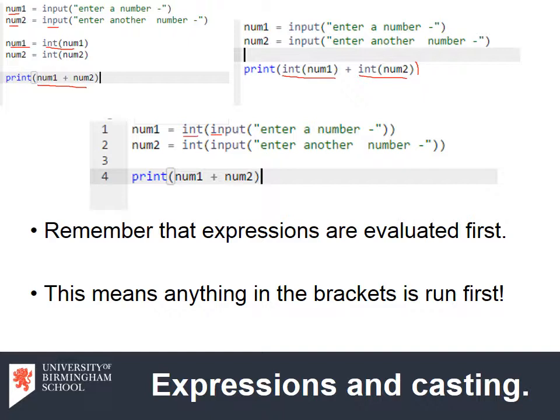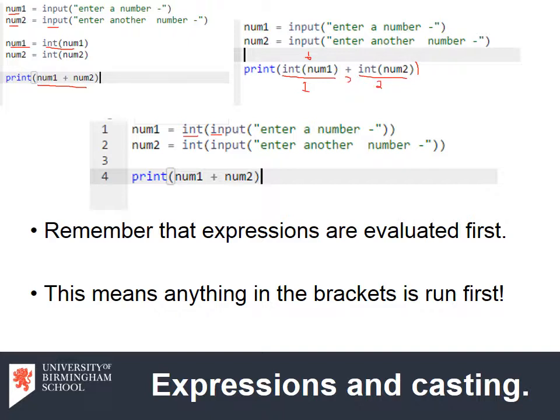Now, just a little thing about these. When we are dealing with expressions, it always does the things inside the brackets first. So in this case, it's going to do this first. It's going to convert number one into an integer, and that's going to be placed here. It's then going to do this one second.